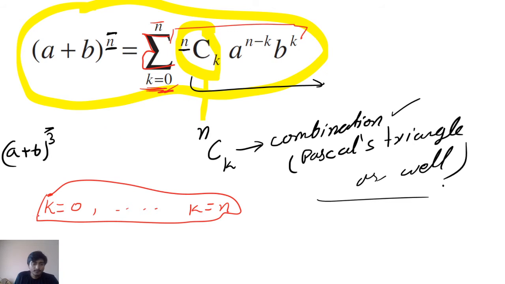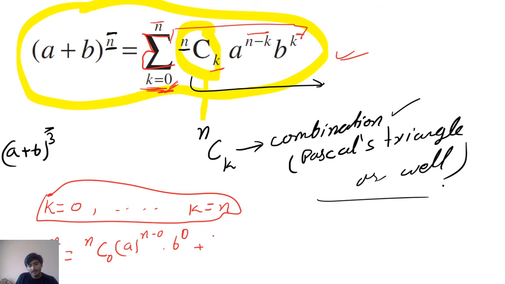Assume we have (a plus b) to power n. If I want to write the same formula in extended form, the first value, when k is equal to 0, will become nC0 a to power n minus 0 into b to power 0, because here this is k, and n minus k is n minus 0.